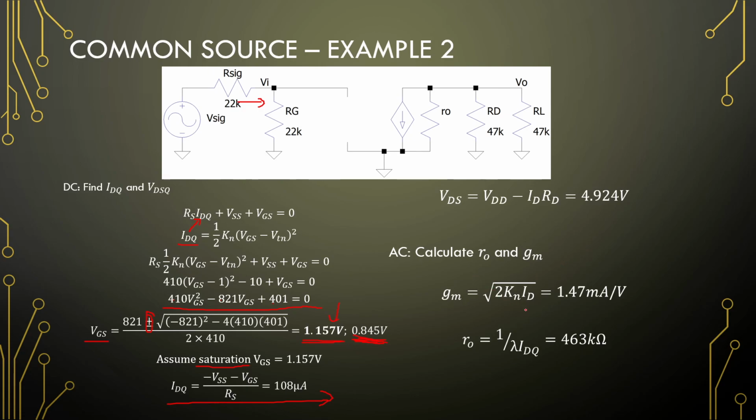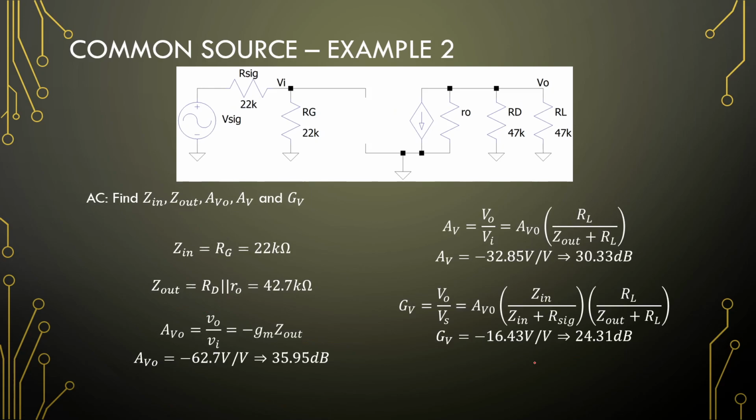Okay, with our drain current, we can calculate our transconductance easily, 1.47 milliamperes per volt, and our output impedance is 463 kilo ohms.